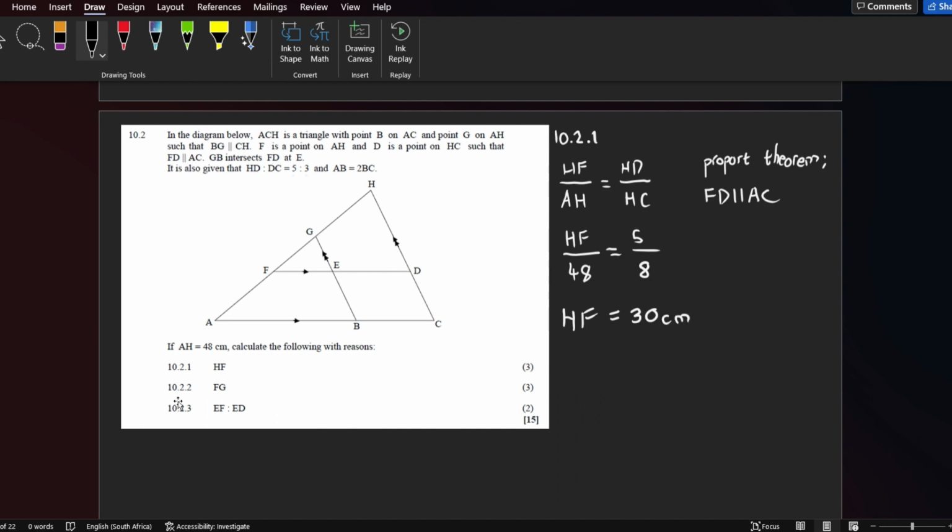Okay, looking at 10.2.2, it asks us to calculate the length of FG. FG is the small length here. Now notice how FG doesn't correspond to a full length of any triangle as we saw with HF. It corresponds to this length GE, but we are not given the ratios of GE and EB, so we cannot use that triangle.